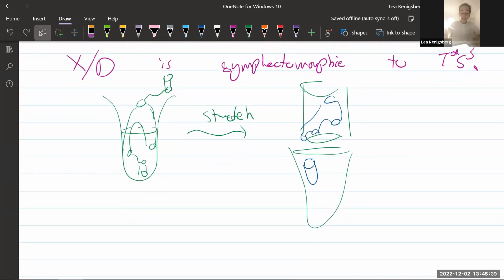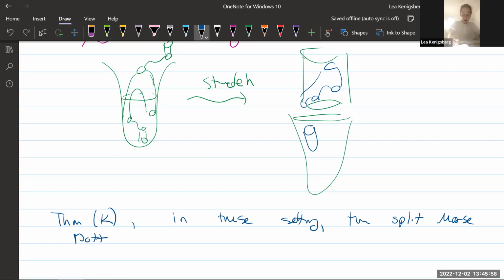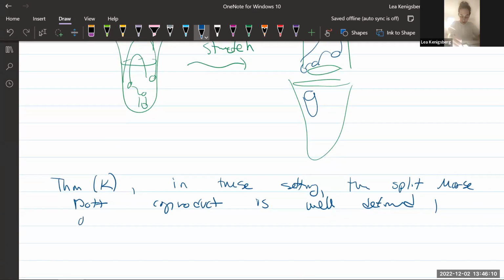Okay, and so the first thing is I proved that in these settings, the split Morse-Bott coproduct is well defined, and in fact, you only need to consider the simplest configuration.